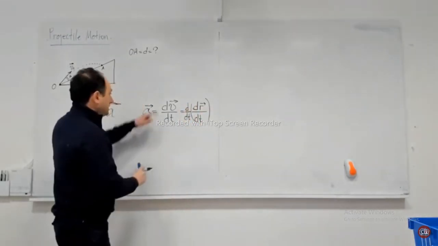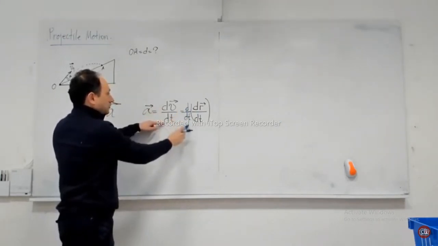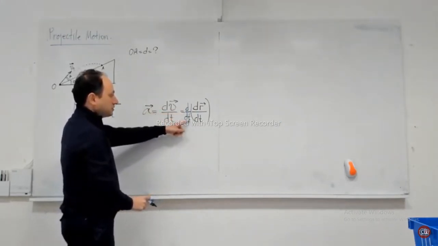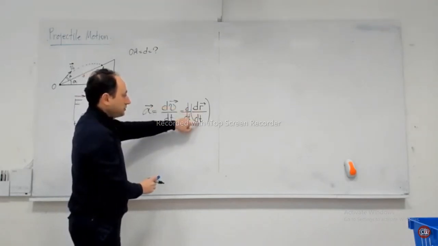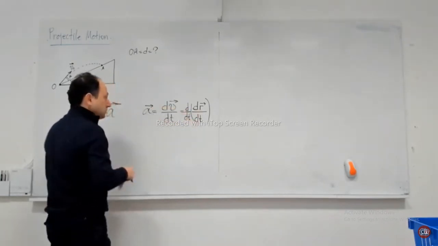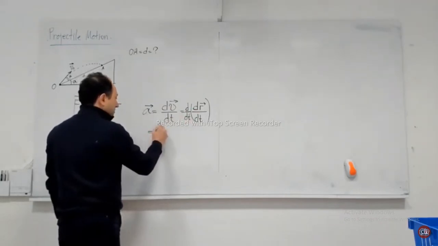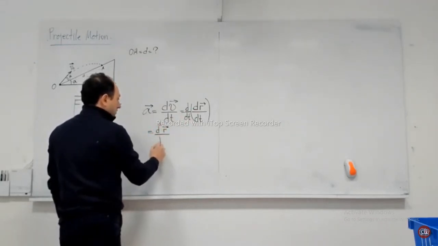So this d/dt is the one that I have written here. It means the derivative with respect to time, and v itself is the derivative of position with respect to time. So then this becomes the second derivative of position with respect to time.